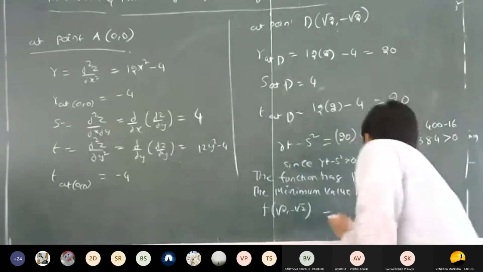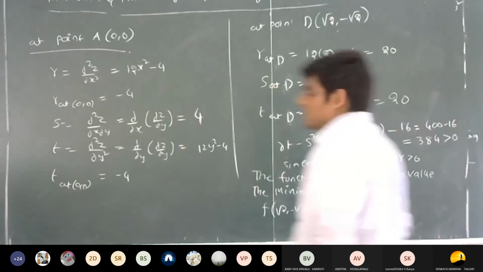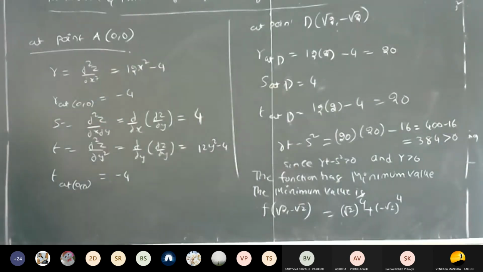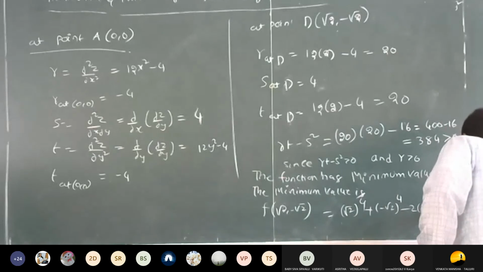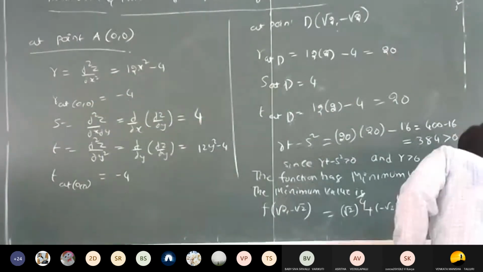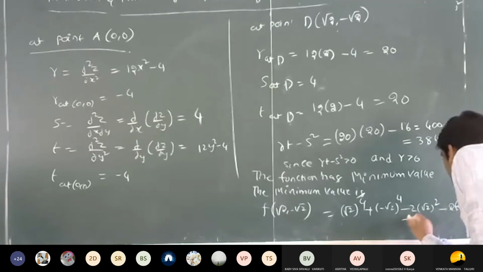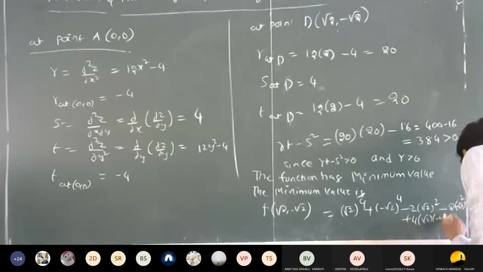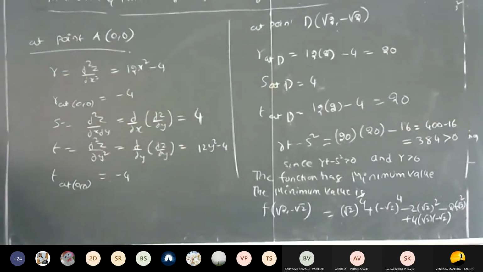So substitute that point in the given function: (root 2)⁴ plus (minus root 2)⁴, minus 2 into (root 2)², minus 2 into (minus root 2)², plus 4 into root 2 into minus root 2.